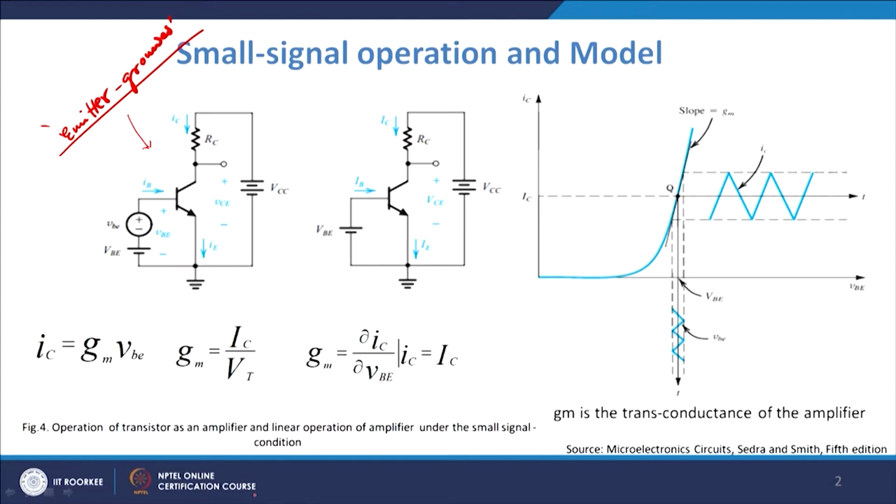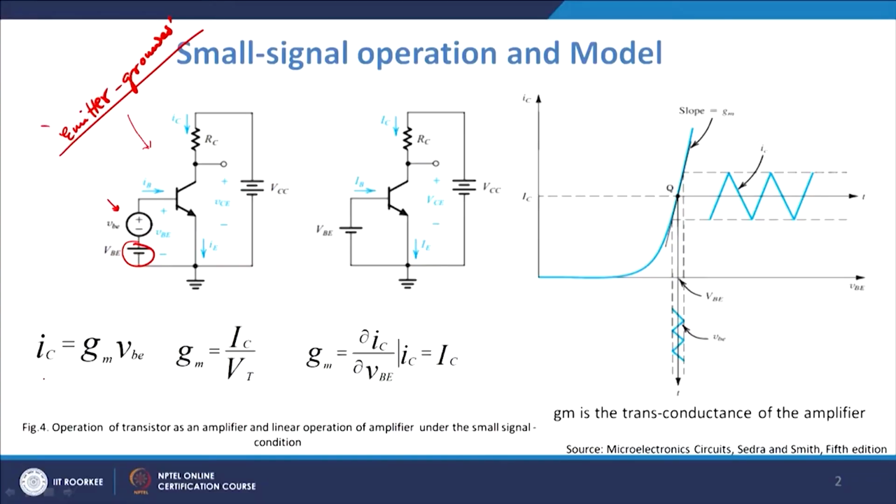What you see here is that VBE is the applied AC bias which you are giving, and this VBE is responsible for biasing it at the appropriate Q point. We therefore define the output current IC to be equal to gm times VBE. VBE is the voltage which you have applied here, and it is a varying voltage, because that is what the input voltage is all about.